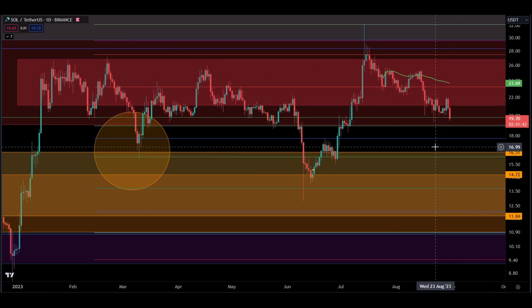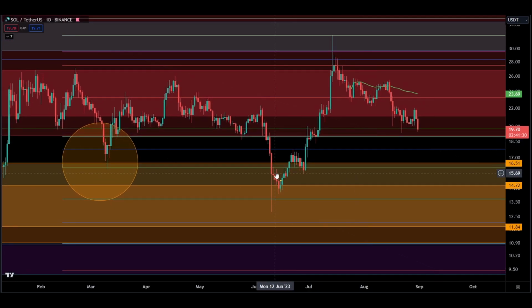The more time it spent consolidating here, the weaker it would likely be, and the probability that I had suggested would have become reality. But in this case, it didn't pivot up. So it's nice to see it reacting to these boxes.